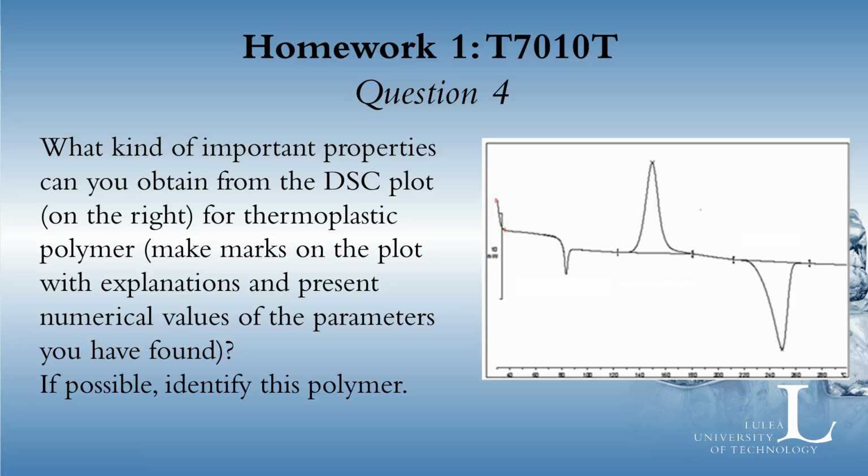I would like you to make some markings on this plot and describe what you are measuring. If you can identify this polymer also, that would be a bonus, but it's not a must. Questions 3 and 4 are very much related.